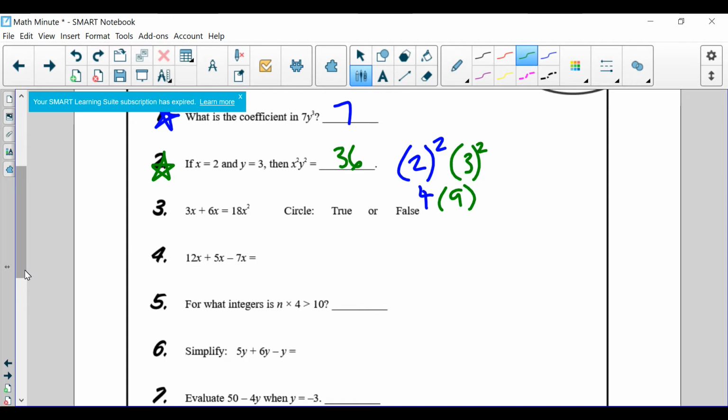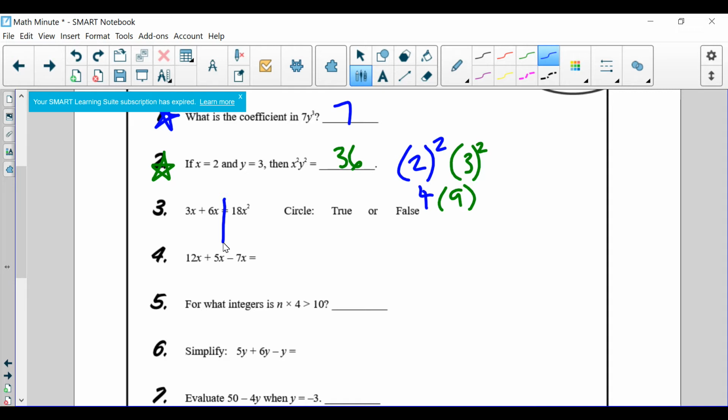All right, let's go over number 3. Number 3, okay, this is a little tricky. Is this true? Anytime you have an equation problem, let's go ahead and just draw a line through the middle and see, is this true? Well, 3x plus 6x, we can combine these terms because they are like terms. They both have an x value.